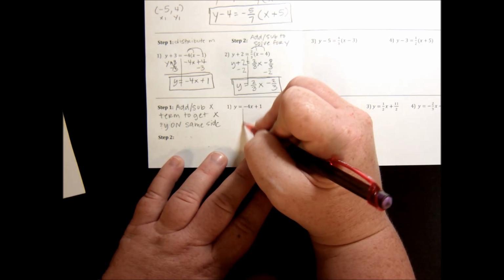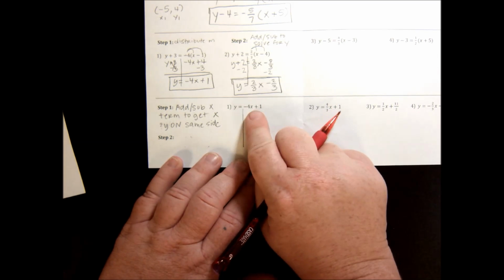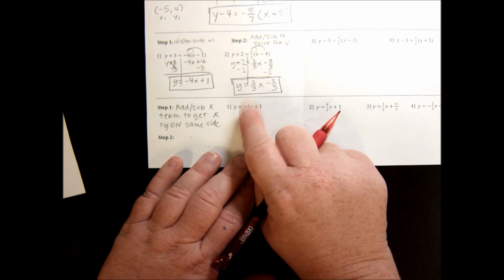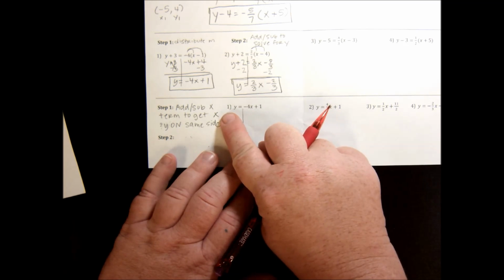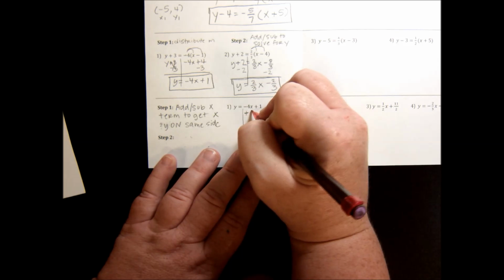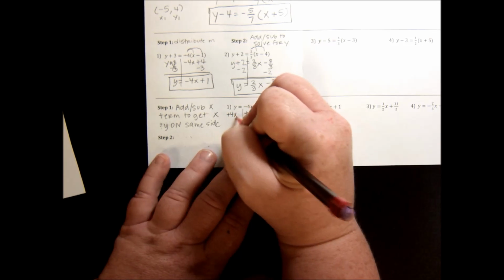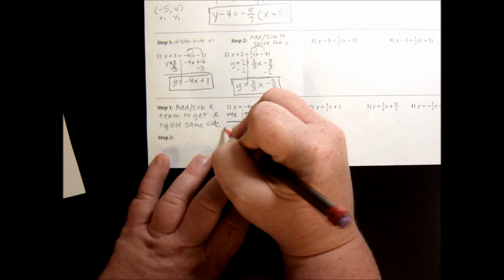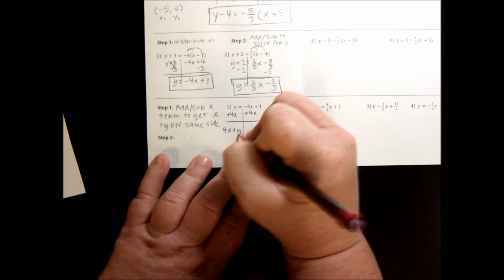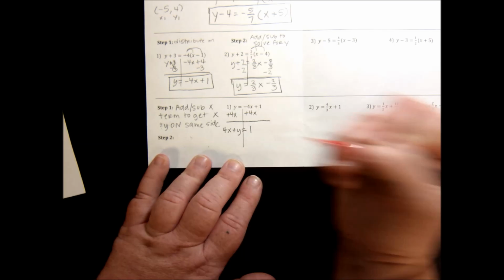If I look at this equation, I see y is on the left side and x is on the right side. If I wanted to move the negative 4x over here with the y, I would have to add 4x to both sides. When I do that, I end up with 4x plus y is equal to 1.